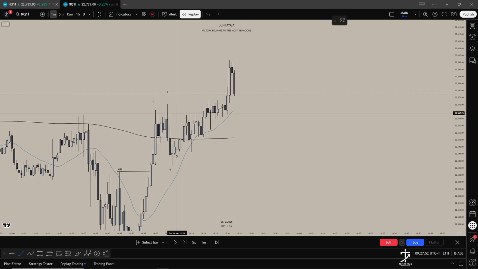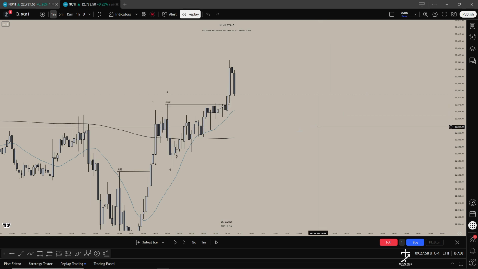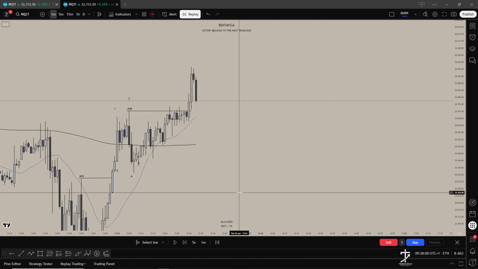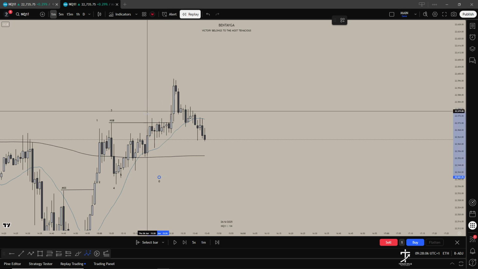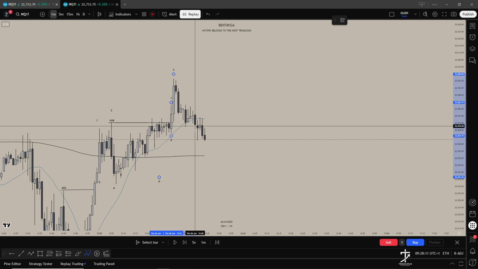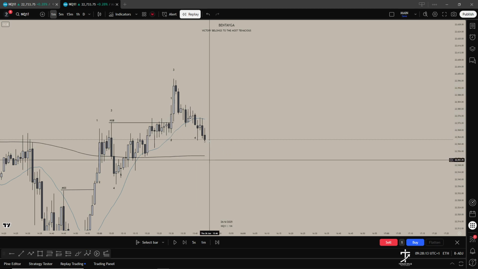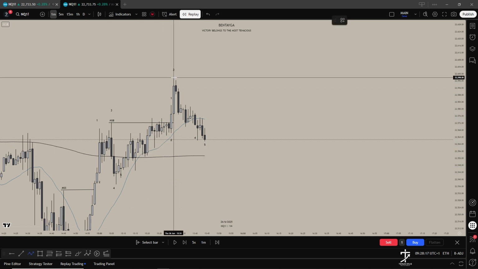So now we have a BOS, or market structure break, as I like to call it now. So now let's see what happens. Okay, so now we have 1, 2, 3, 4, 5. So you get that trend line break.